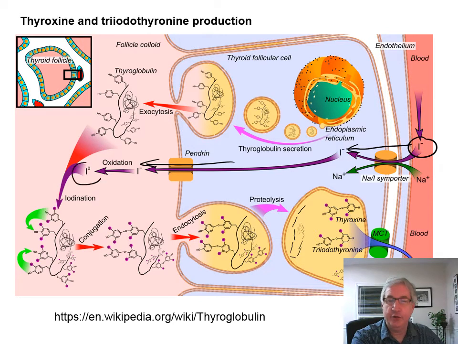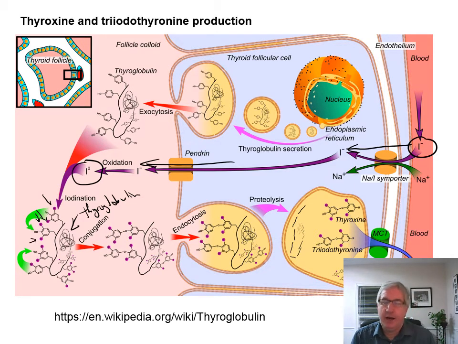And so you lose a negative charge, and then you iodinate this protein here, and this protein is thyroglobulin. So you add iodines to it, and that's what all these little balls are. Those are all iodines that have been added to tyrosine.